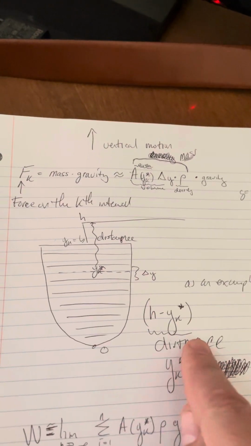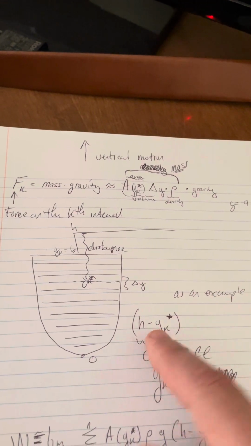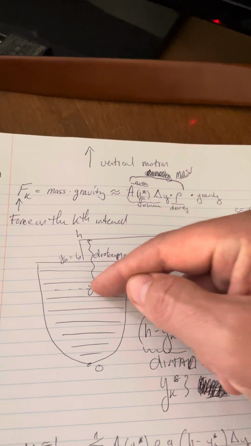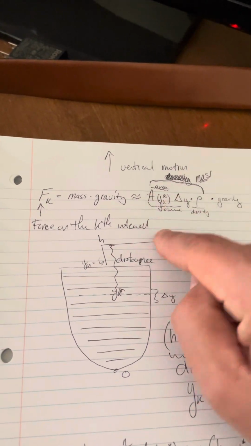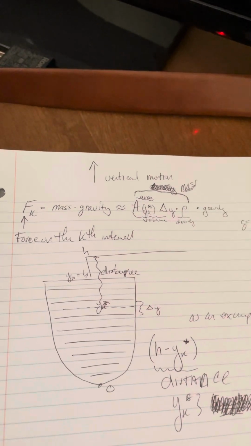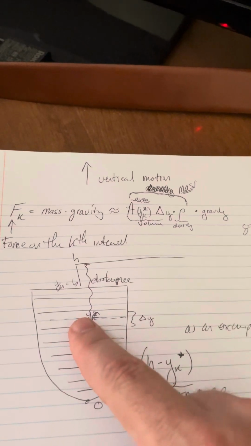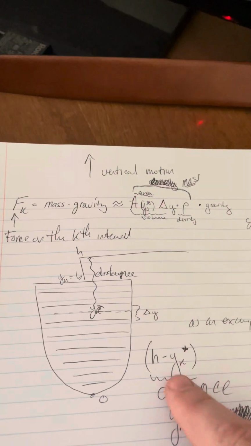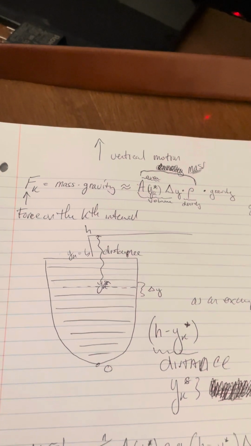Then our distance component is going to be h minus y sub k star, where y sub k star is sort of that mid value or the special value. We're able to get the best approximation of the area that we're moving, and we're moving it a distance of h minus y sub k out.